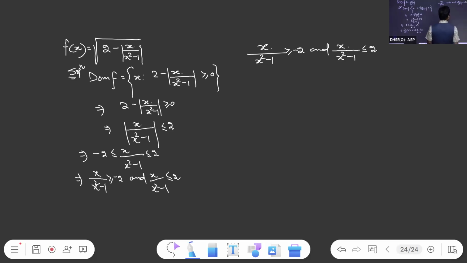Okay. We'll solve these two inequalities separately and then we have to take the intersection, right?